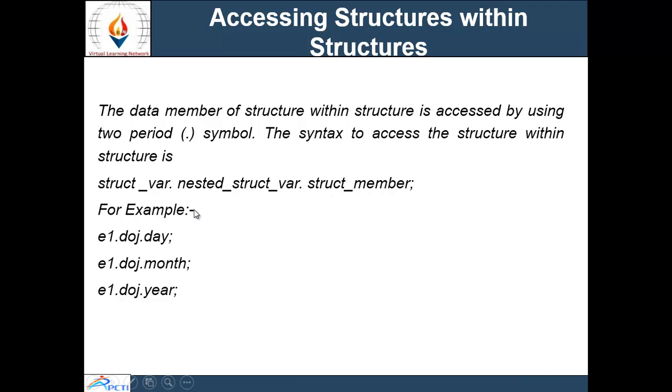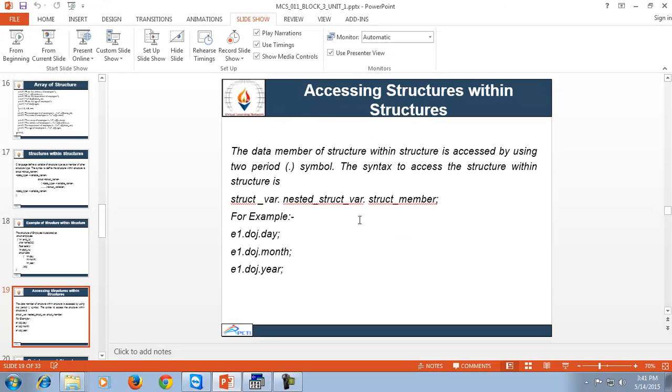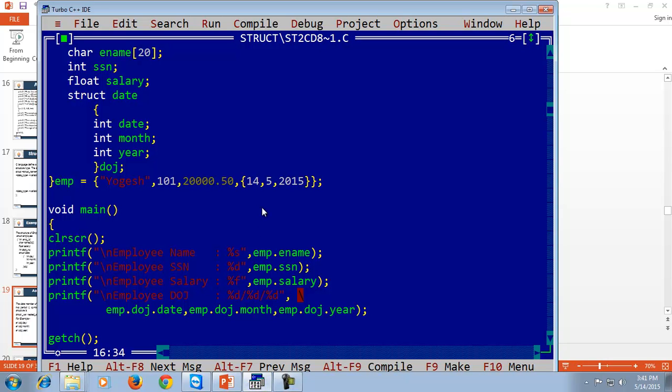Here, if I need to access the members of the nested structure, I need to write e1, which is the variable of the main structure, dot dog, that is the variable of the nested structure, dot day, which is the member of the nested structure. So to use this, I'll show you an example by implementing it in C.